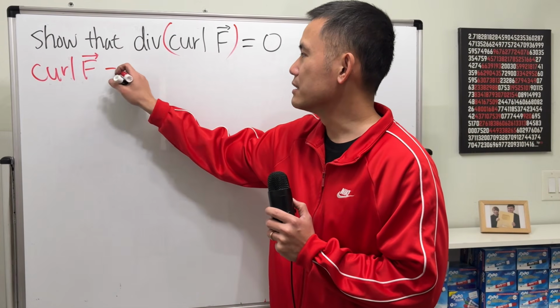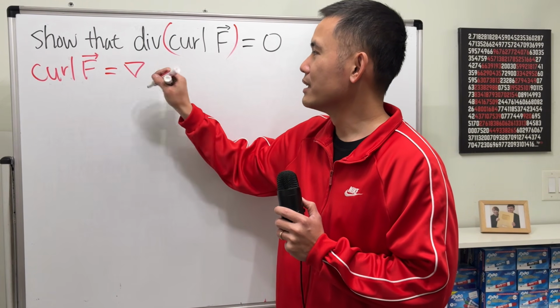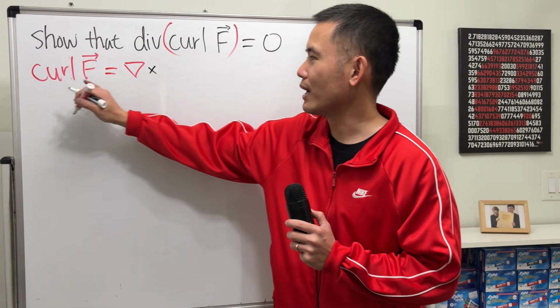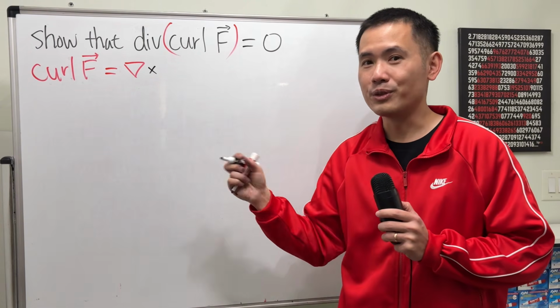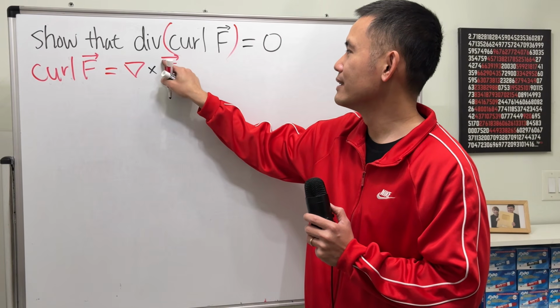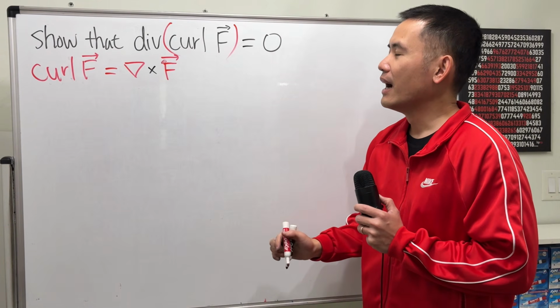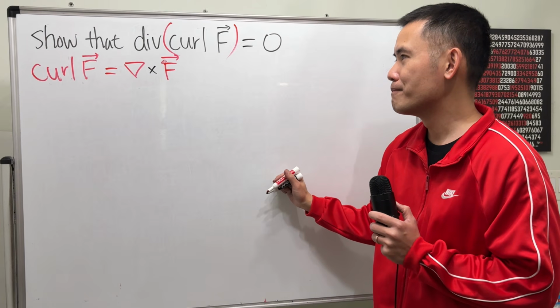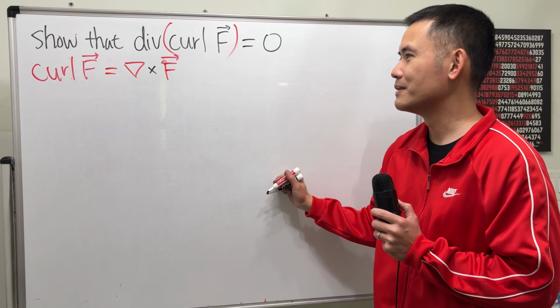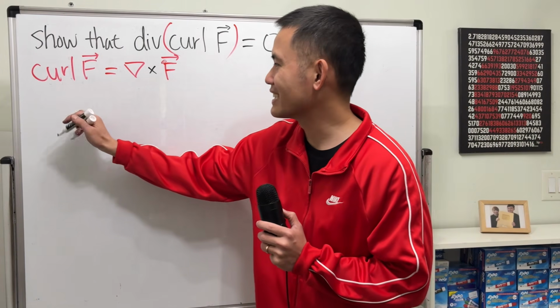Okay, this means what? We do the del notation, right? It's a vector, and we do the cross product, because curl and cross both start with C, and then here is the vector field f. Now, do I really want to write down the expression for this? Okay, I will do just that.